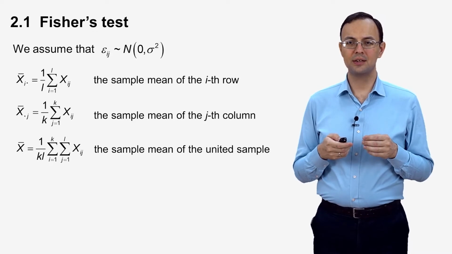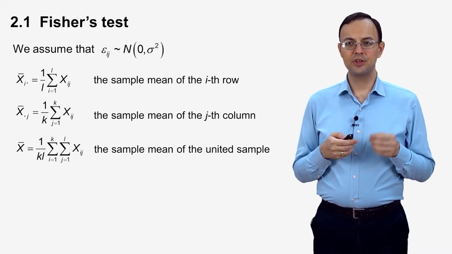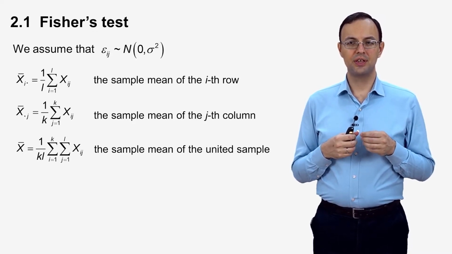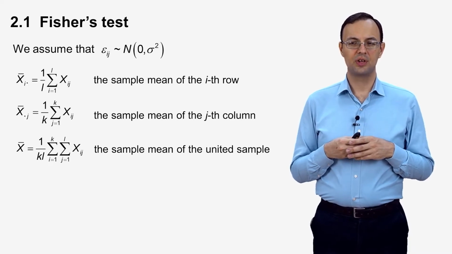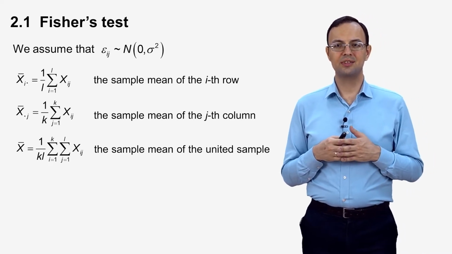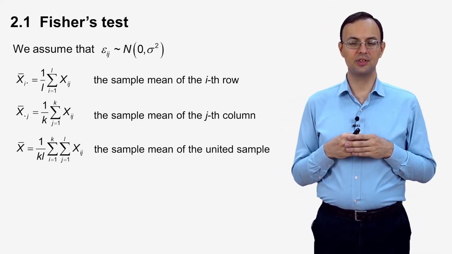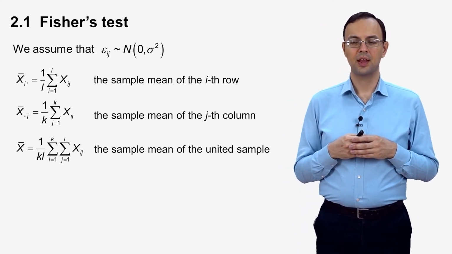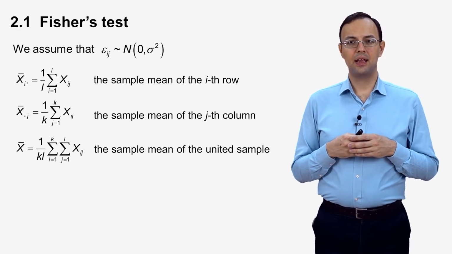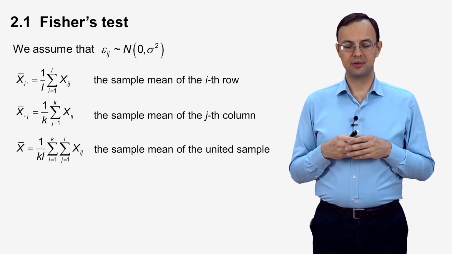So the first one is the Fisher's test for the normally distributed response. Here we assume that epsilons follow normal distribution with zero means, and that epsilons are independent random variables.